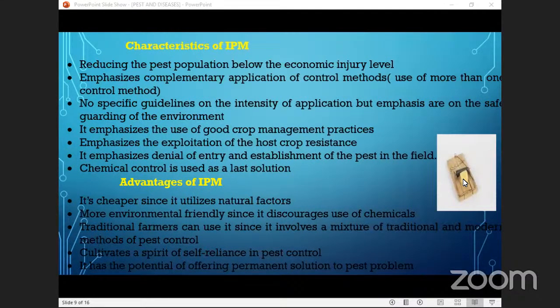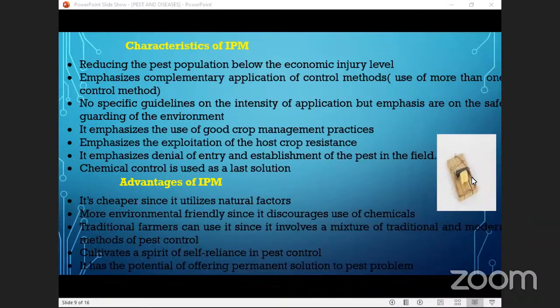Have you ever seen such a picture or diagram, this instrument before, this equipment? Do you know it? Mouse trap. Yes? Mouse trap. You mean you have not seen this before? It is one of the traps used to capture rats.